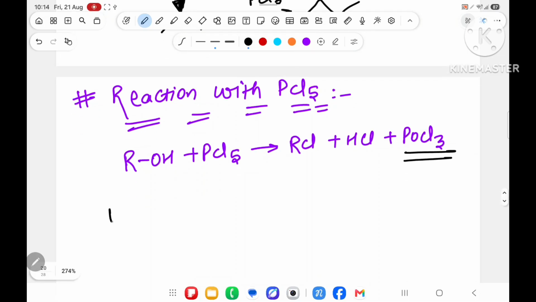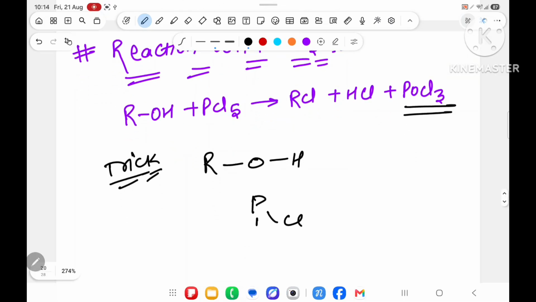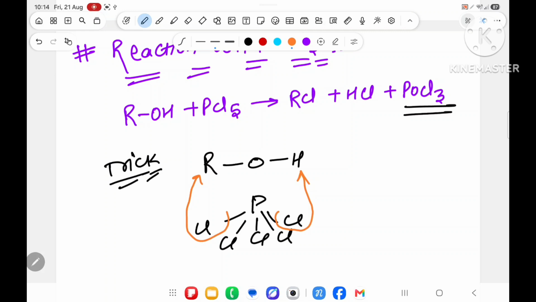Here I will give you a trick to understand what is happening. Take the alcohol ROH, and PCl5 with 5 Cl atoms. One Cl will go to H and one Cl will go to R, from the back side.